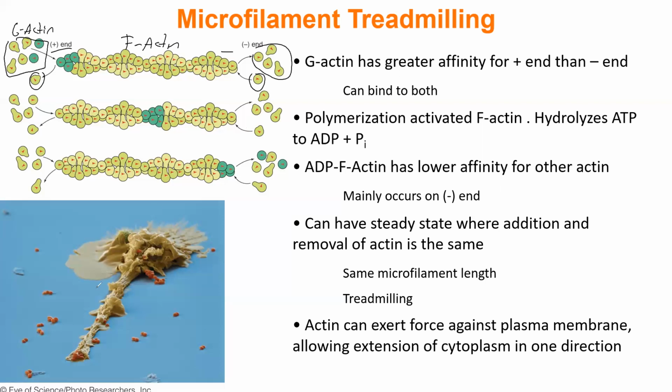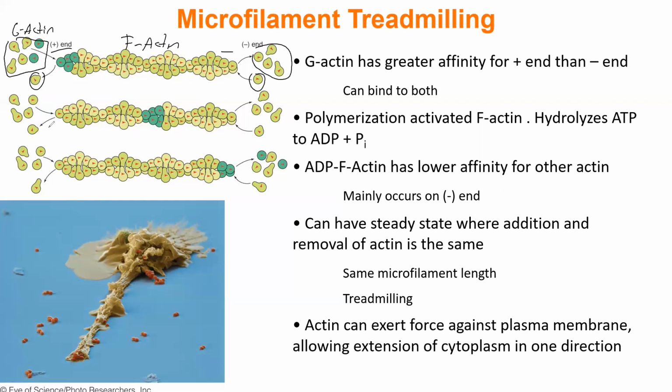And for cells that want to move, the way they move, as shown in this cool image, is through their cytoskeleton, which is actin, right? If I want to move a part of my cell, I need to stretch actin this way. And the way that actin moves is through this treadmilling process.